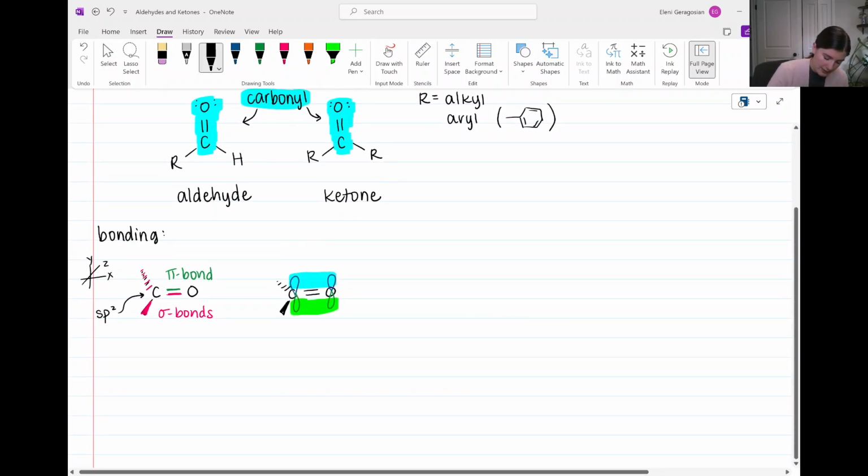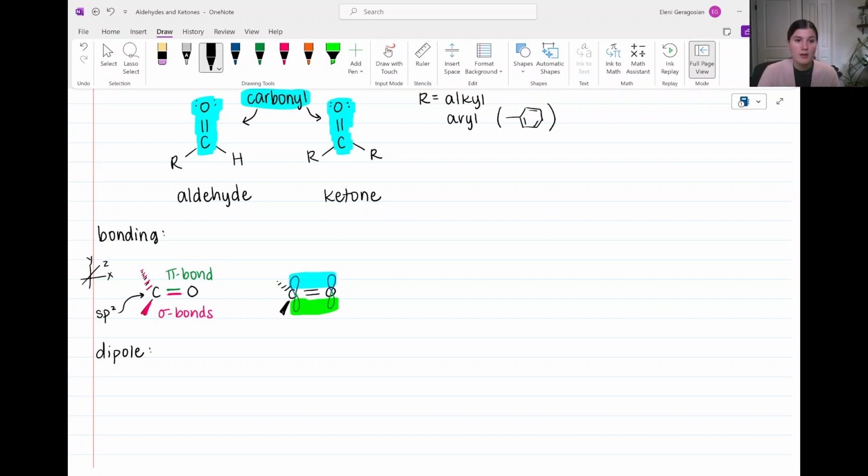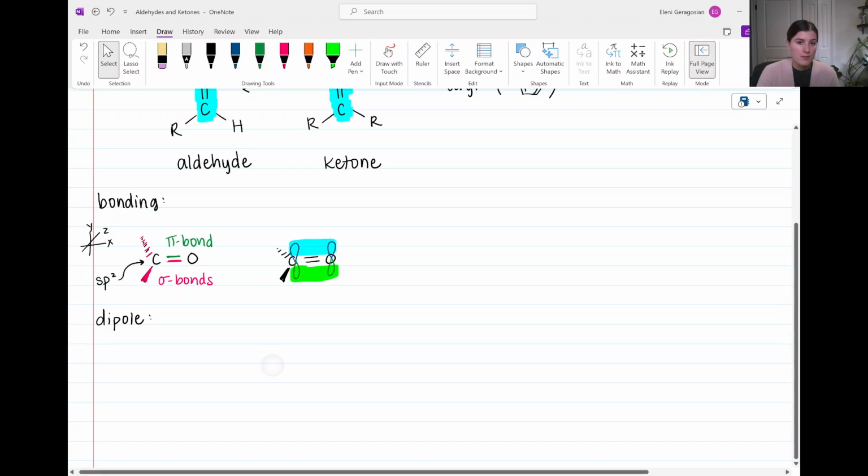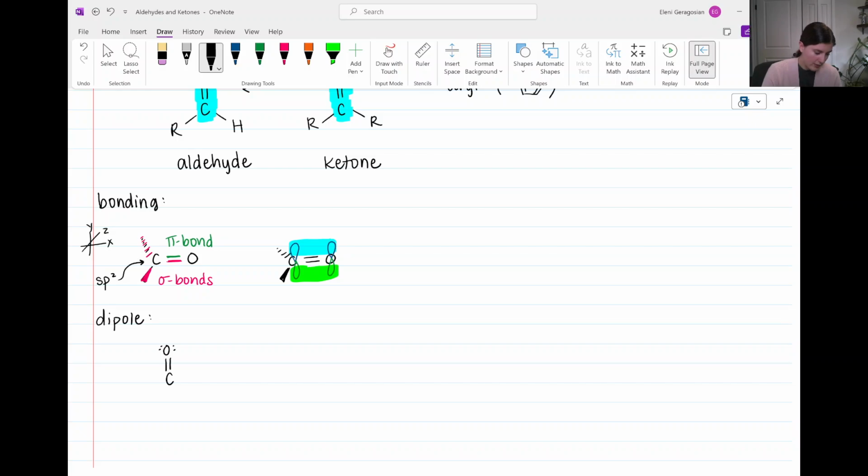Now let's think about the dipole here. We have a carbon to oxygen double bond, this carbonyl bond. Carbon is bonded to 2 other groups, which we won't specify here. We'll keep it general to both aldehydes and ketones.